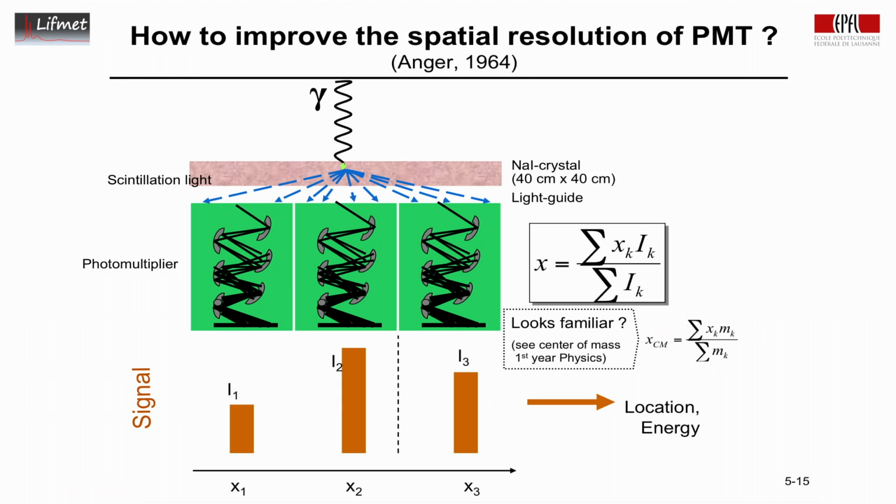So mathematically what we're looking at here is a center of mass calculation where we replace the mass by the intensity of the X-ray. So we have this equation here that gives us the position of the X-ray in the scintillation crystal, and we can measure clearly with different intensities in the photomultiplier tubes this position with a precision that's higher than the physical dimensions of the photomultiplier tubes.